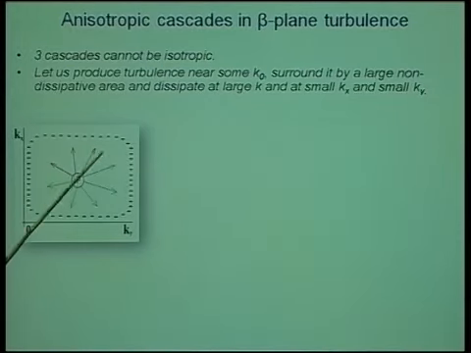So I surround it by a ring, an inertial interval, in which neither dissipation nor forcing is present. And then I ask in which part of these dissipation scales can these three respective invariants be dissipated.